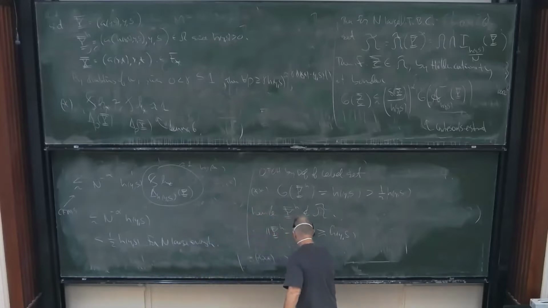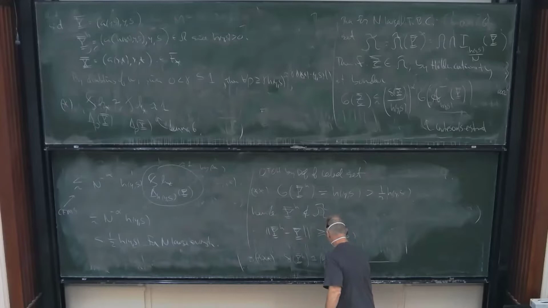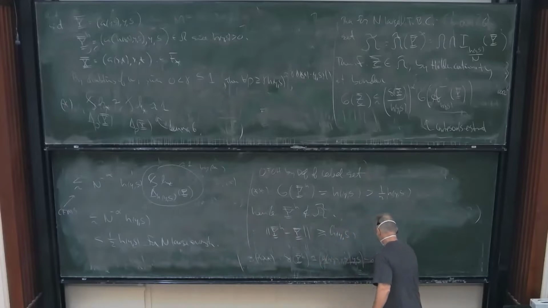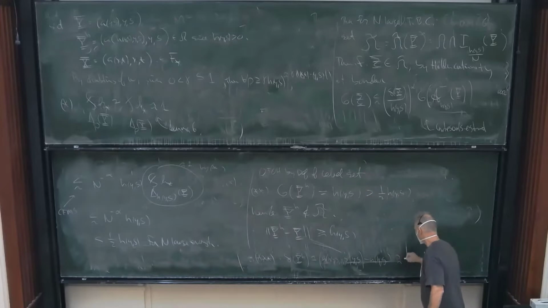Delta of YH is comparable to A of h of ys, y, s, minus A of ys, which equals this, and hence this is bigger than or equal to h of ys.